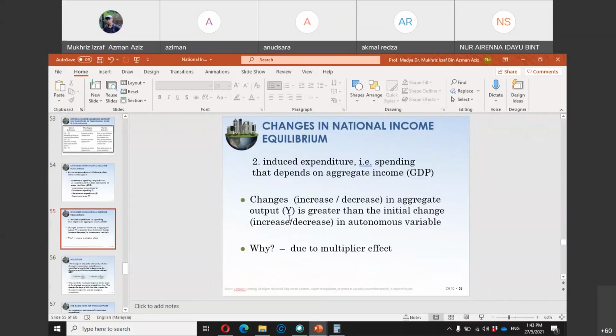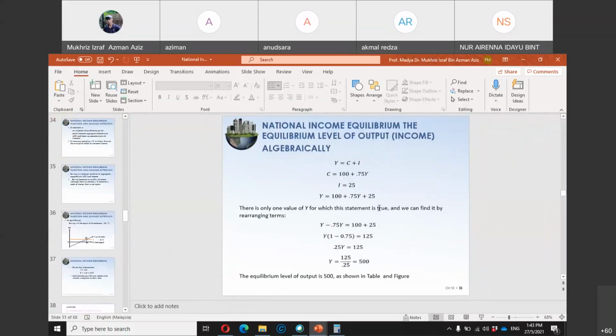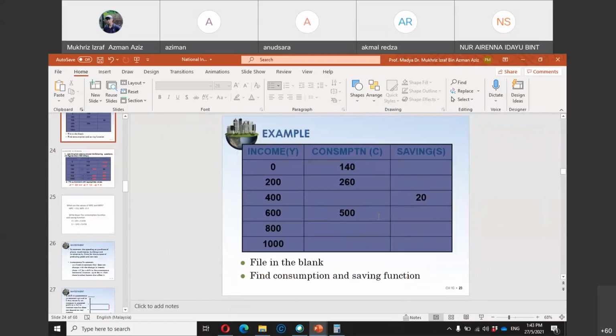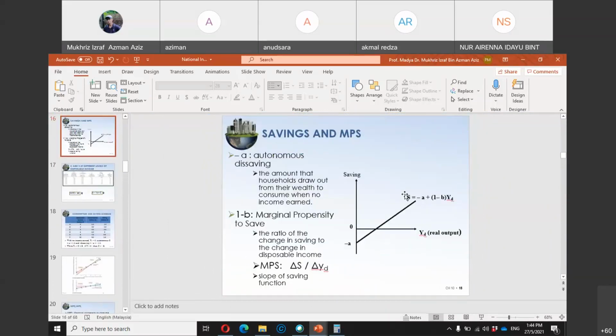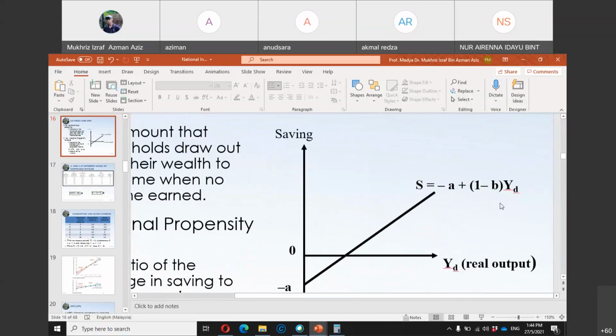Now that brings us to the concept of the multiplier again. Having mentioned how we construct our saving function just now, if you recall, the saving function is derived as negative A plus 1 minus B YD, compared to the consumption function equal to A plus B YD: autonomous consumption plus the marginal propensity to consume, B, multiplied by YD, disposable income.